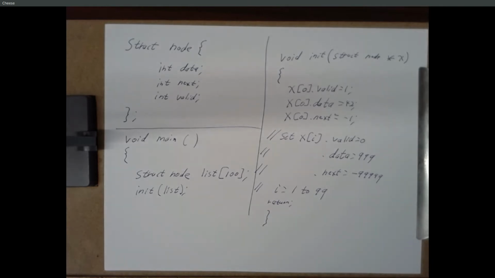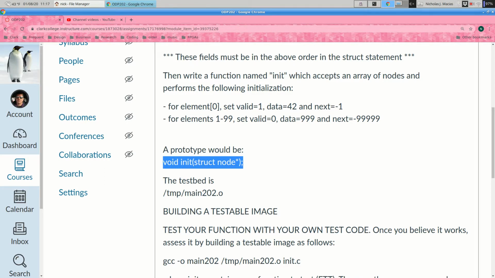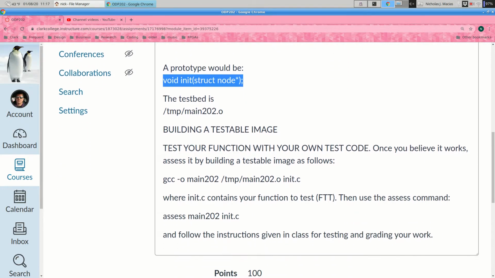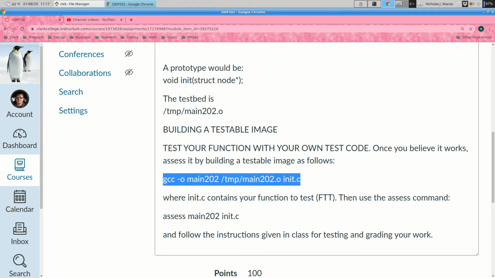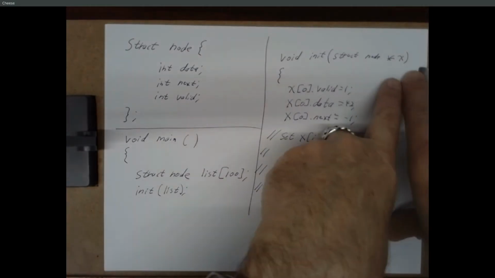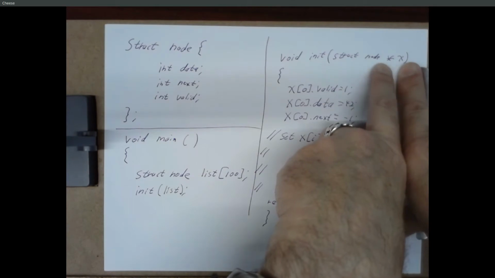So when I'm trying to compile this, I put in the same thing that you put there. It's telling me an error: parameter name omitted. Okay, so when you write your function init, you have to actually name the variable that you're going to pass to it.